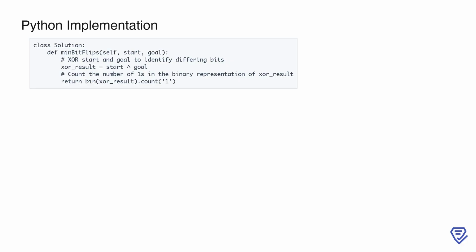Space complexity: the space used is minimal, as we only store a single integer, XOR_result, and its binary string representation temporarily. This solution is concise, efficient, and handles all valid inputs, including edge cases where start and goal are the same, resulting in 0 flips, or completely different, resulting in the maximum number of flips for their bit width.